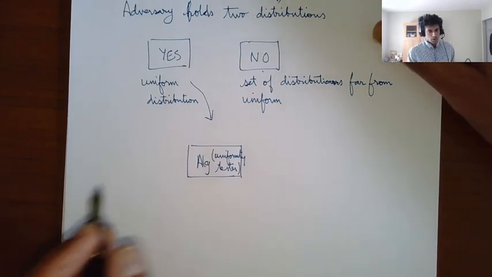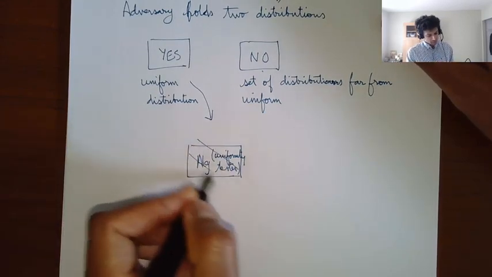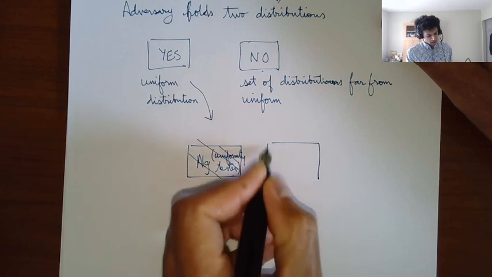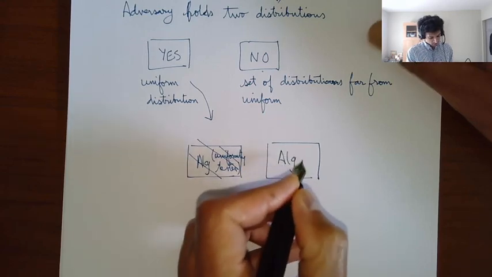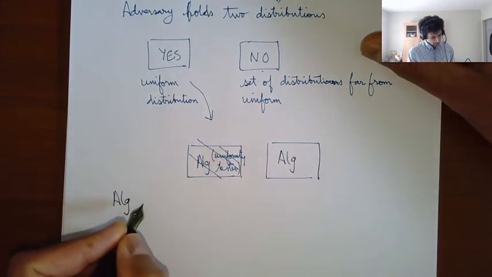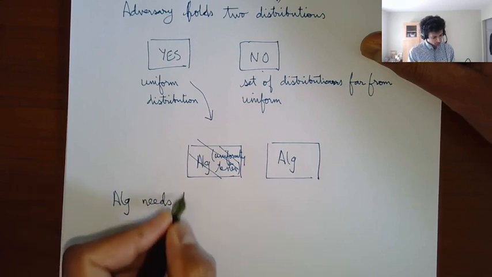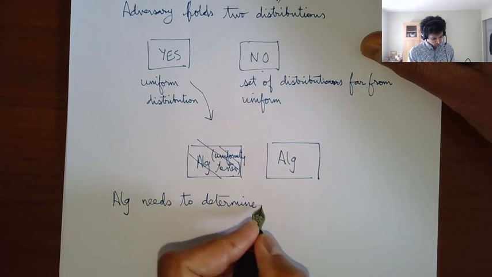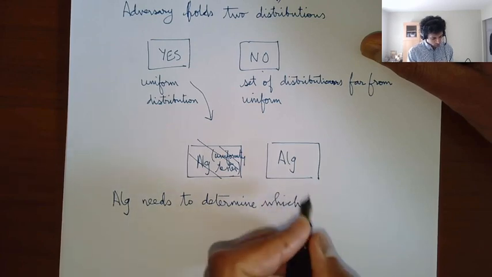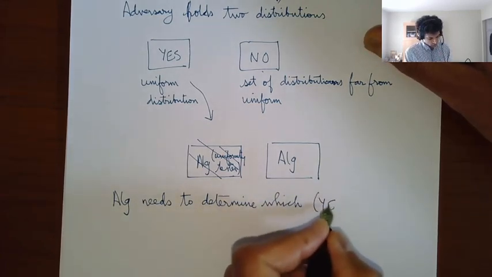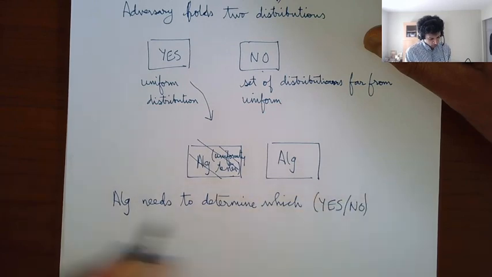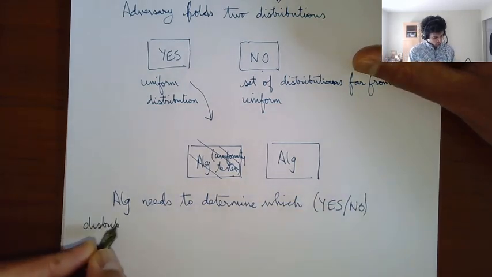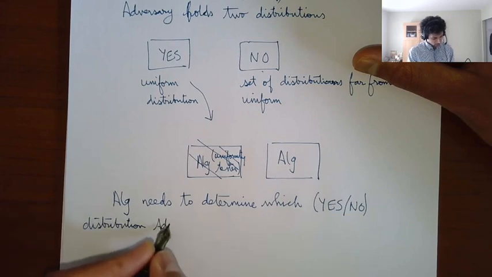So now let's actually scrap the uniformity tester. Consider any algorithm. The algorithm needs to determine, from the yes or the no, which distribution the adversary chose.